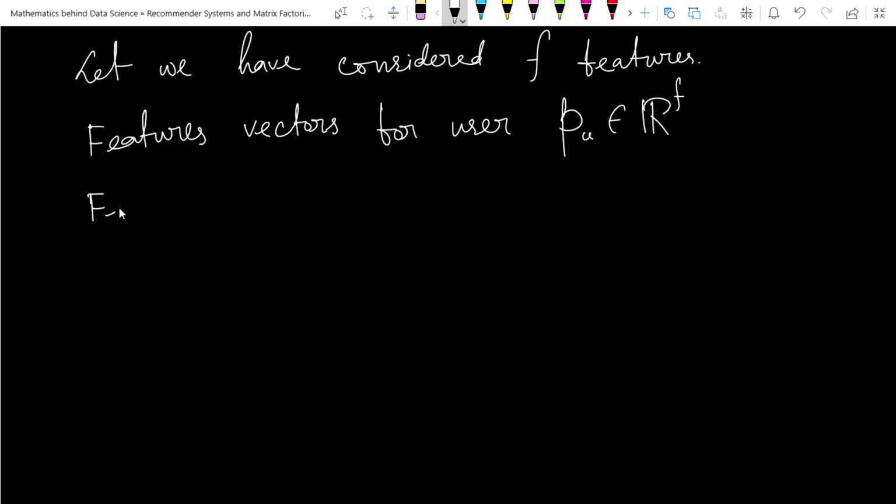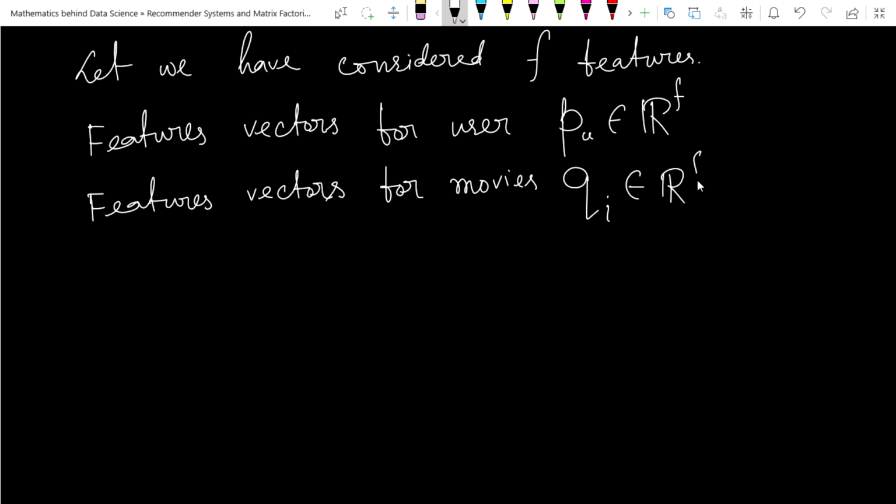The features vector for movie, let's take movie as an item i, is q_i, and it also belongs to R^f.